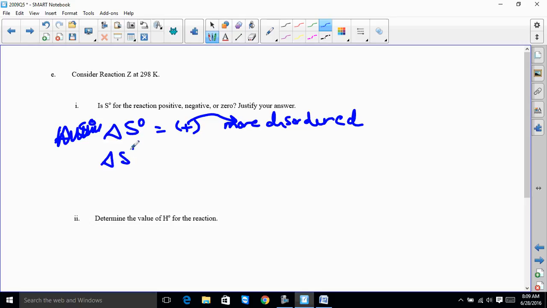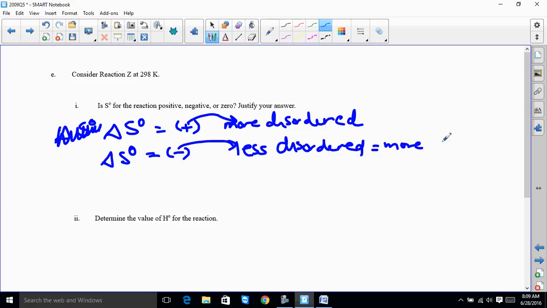And if delta S is negative, it means it's getting less disordered, because the definition of S is disorder. A negative and a negative is a positive. This is a fancy way of saying more ordered. And remember, we talked about how the second law of thermodynamics says that in spontaneous reactions, delta S of the universe is increasing.